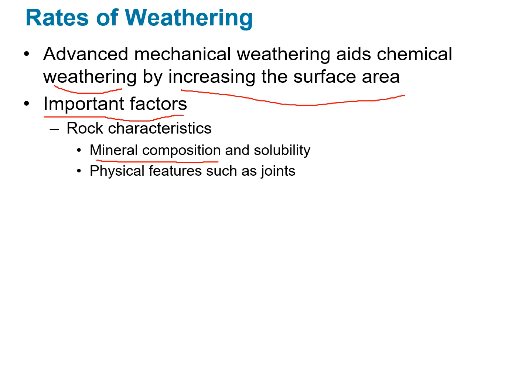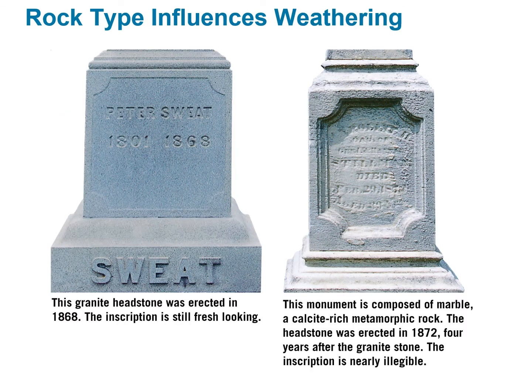Calcite in limestone is very susceptible to weathering. It's very soft, so if you had marble, that would weather very easily. Potassium feldspar weathers easily. Other minerals like quartz don't weather as much. And also, if the rock itself has a lot of physical features like joints or expansion cracks, that will accelerate the process of weathering.